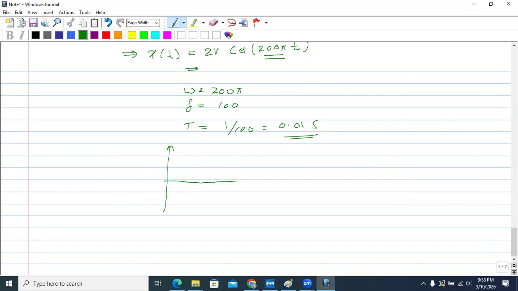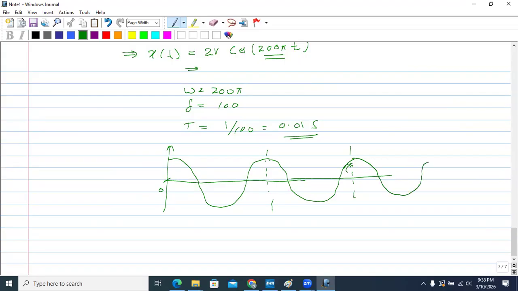For the cos signal, you know that at time 0 it starts from 1, and it goes like this. This is one period, and there is another cycle, and another cycle like this. This is the first cycle, the second cycle, the third cycle.